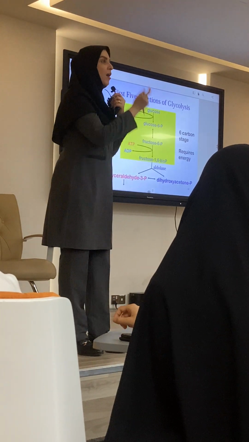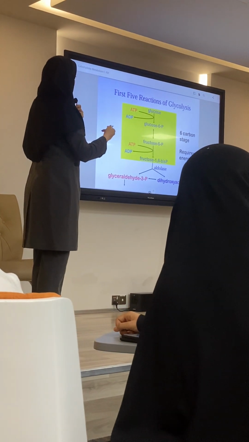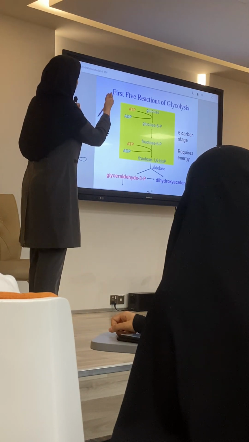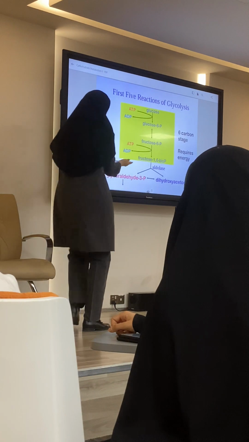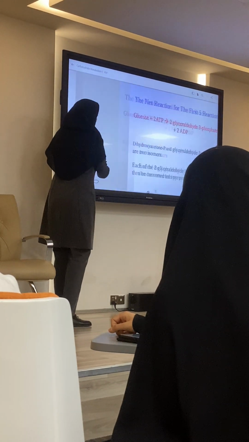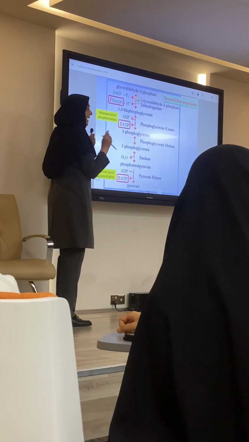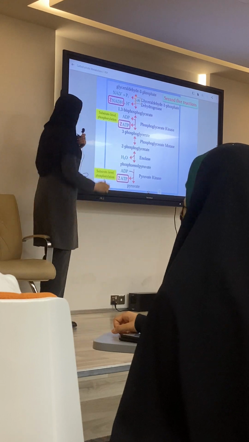So, from 1 glucose, I want to review the energy requirement. For 1 glucose, for the first 5 reactions, how many ATP are required? 2. You understand? What about the second phase? How many ATP? Please do not pay attention to NADH. 4.